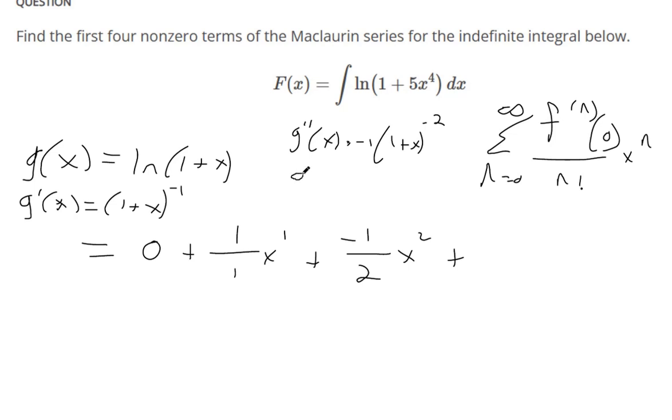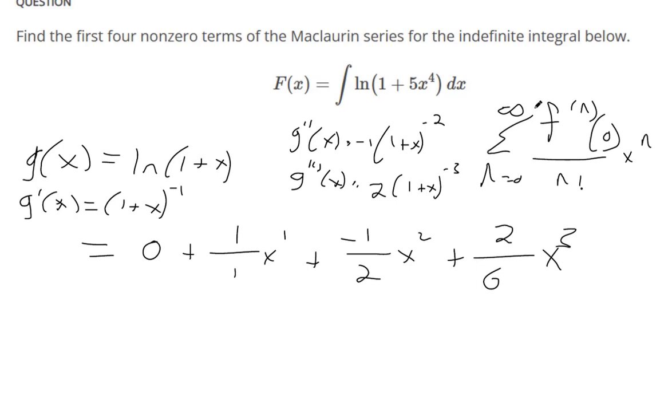And then the third derivative: the negative 2 comes down, multiplies, then the exponent gets reduced by 1. I plug in 0, I get 2, and then 3 factorial, which is 6.